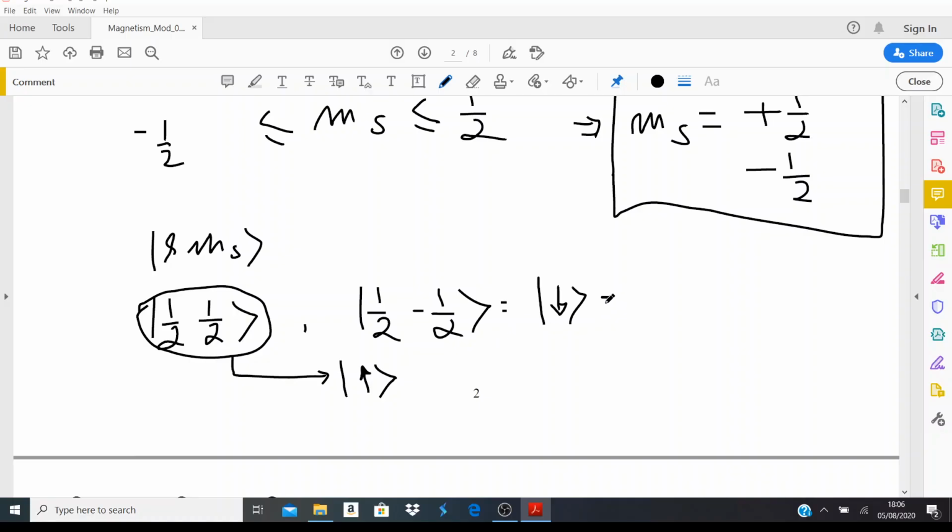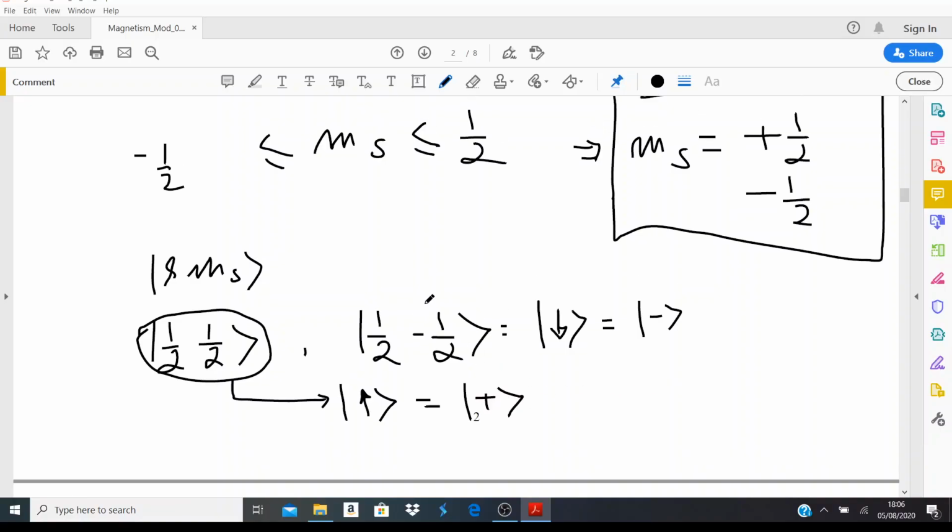And you will also see in some textbooks the downward arrow denoted by a minus sign, which means spin down, and this one by a plus sign, right? And this Ms is nothing but the quantum number associated with the Sz, remember, the z component of the spin angular momentum of the electron.